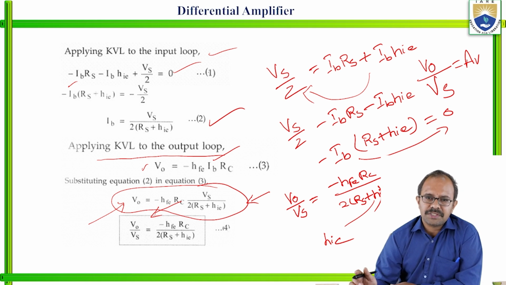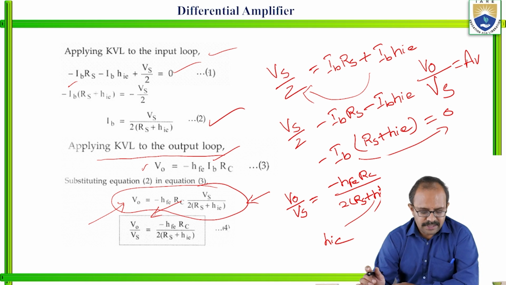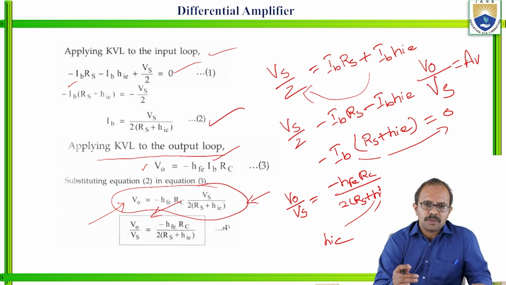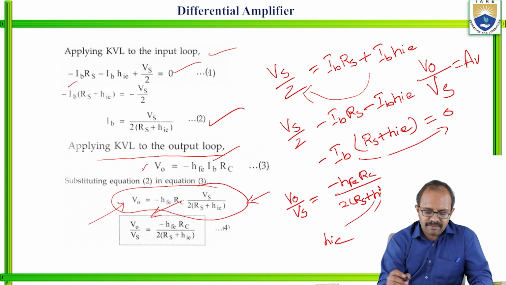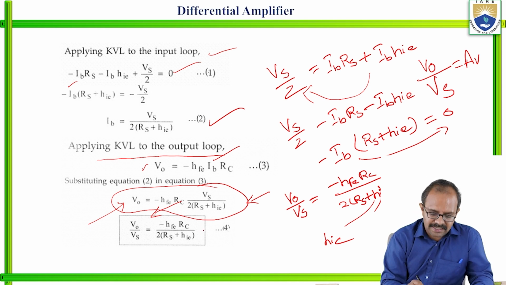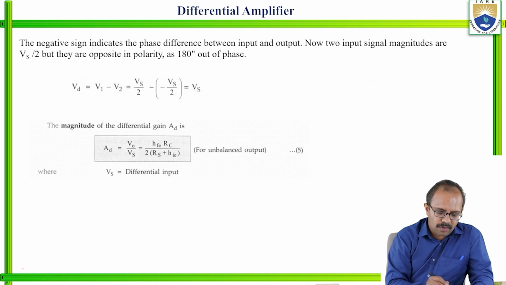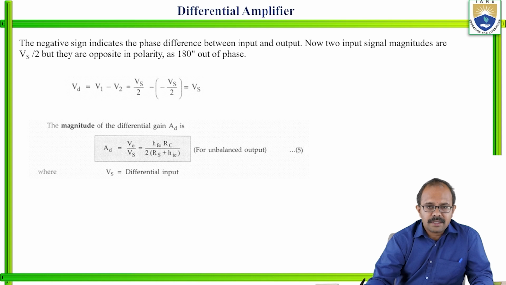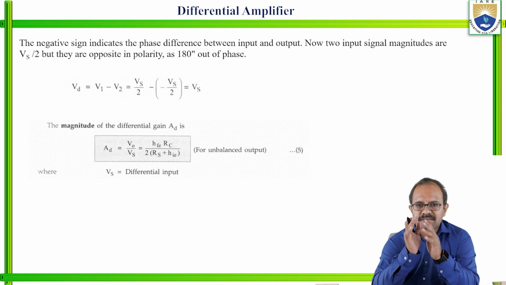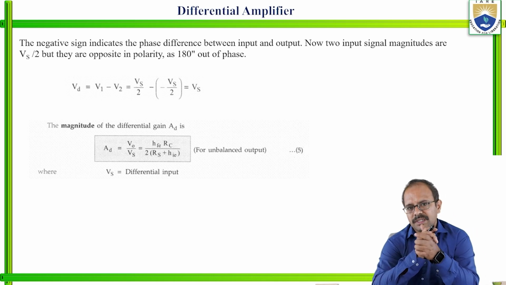Nothing but the gain. Which gain? Voltage gain. It is the ratio between the output voltage V0 and the input source voltage Vs. So it is given by minus hfe into Rc by 2 into Rs plus hie. So keep a note of this expression, right? That is the gain which we have determined.